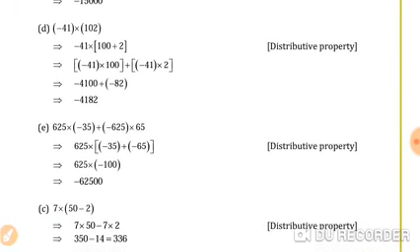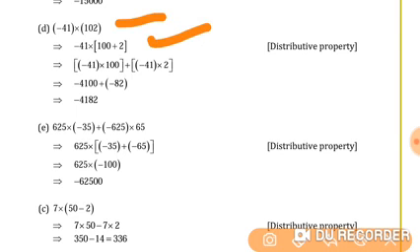Then say minus 41 into 102. You can come to know from the question how we can use the property. It is not related to any standard property directly. 41 into 102, direct multiplication would become a little lengthy. For convenience, I have chosen 102 as 100 plus 2.